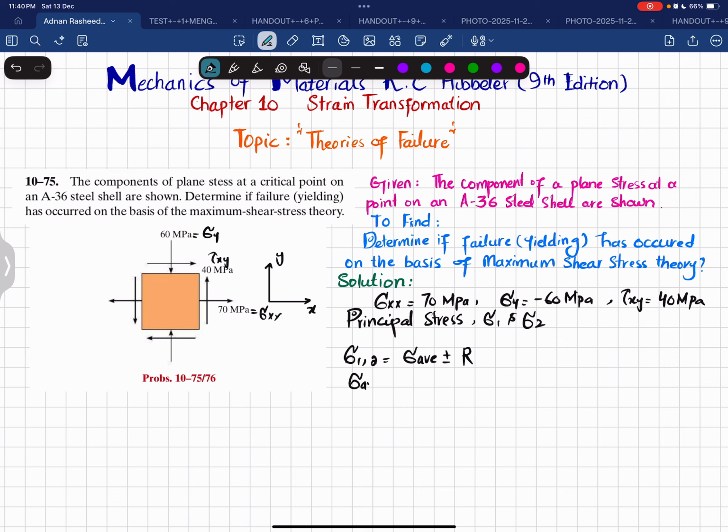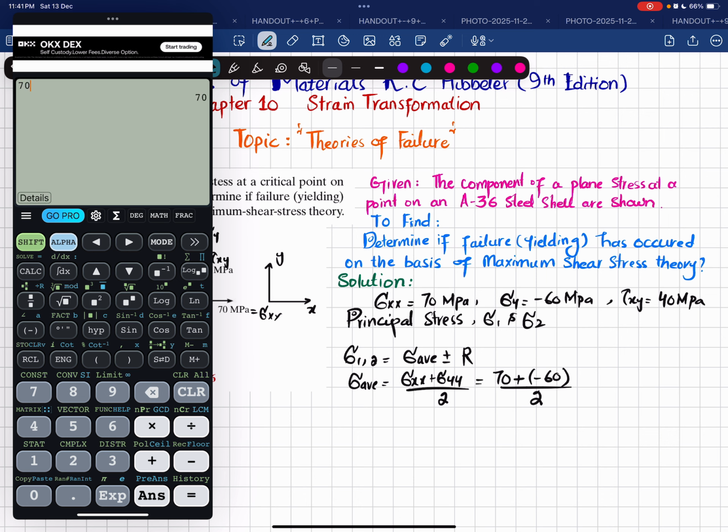Sigma average is equal to sigma xx plus sigma yy divided by 2. So you have 70 plus minus 60 divided by 2. On the calculator, 70 minus 60 divided by 2 is 5. So sigma average is 5 megapascal.